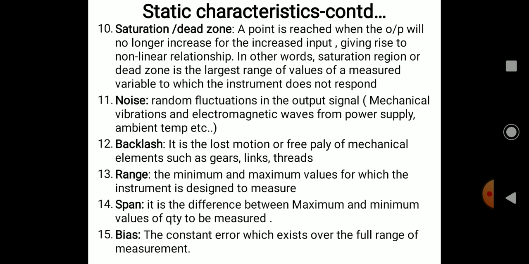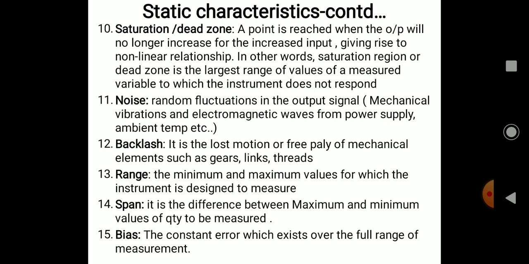That means the minimum and maximum values for which the instrument is designed to measure. That is range. In the case of some temperature measuring instruments, it will be minus 40 degrees to 500 degrees centigrade. So minus 40 is the minimum value and 500 degrees is the maximum value. So range is the minimum and maximum values.